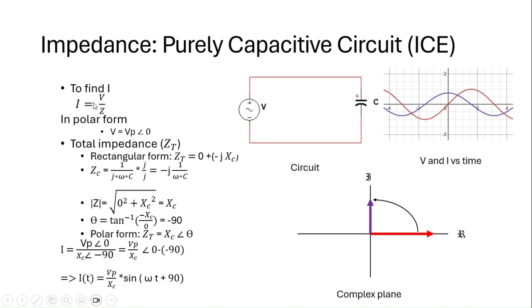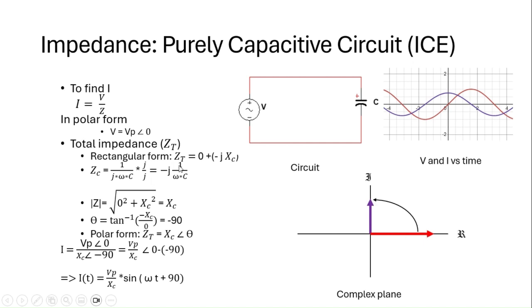Having said that, again, V divided by Z is equal to I. We go to polar form, which gives us this as our assumption for the voltage. For the impedance, again, there's no resistor in here. There's no quote unquote real component, but there is a component contributing to the imaginary portion in order to make the current lead the voltage.